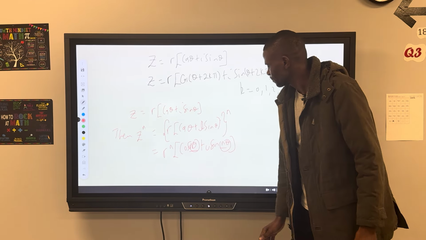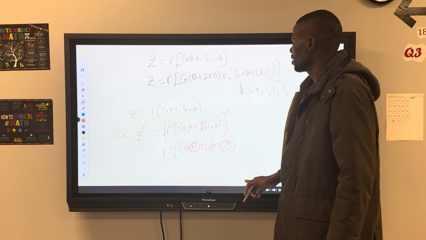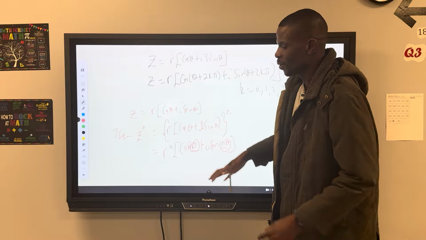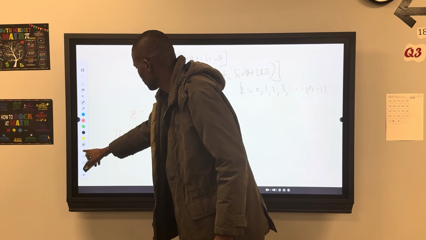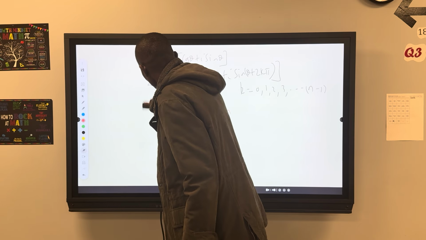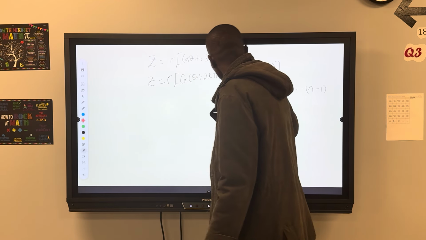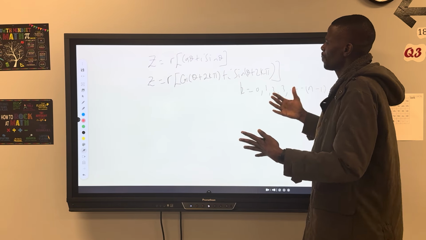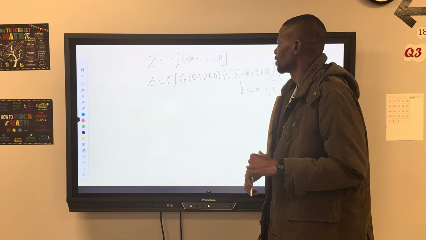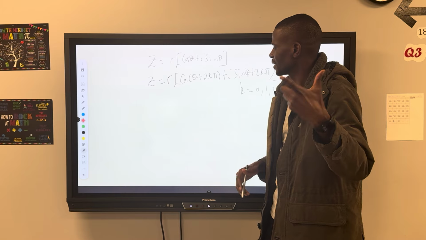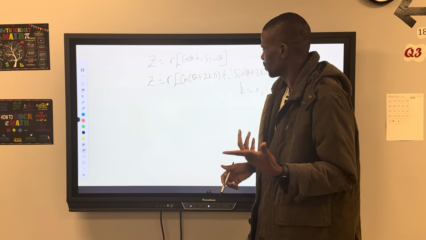Is it making sense? Okay, so now that I have talked about this, let's see how we are going to apply De Moivre's theorem to come up with the required formula which we are going to use to solve or to generate solutions for complex numbers.